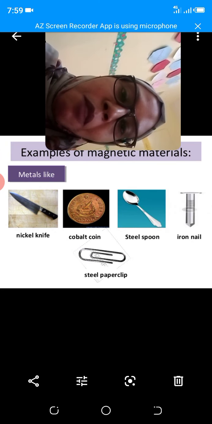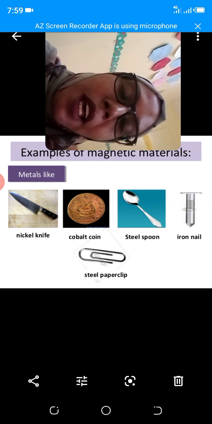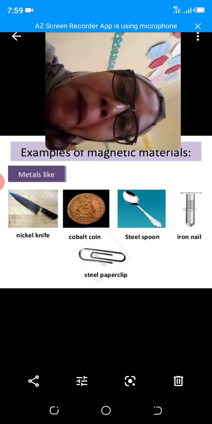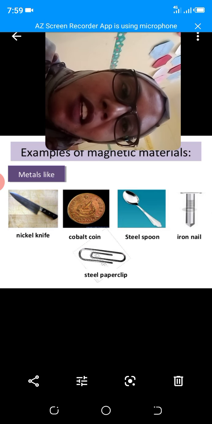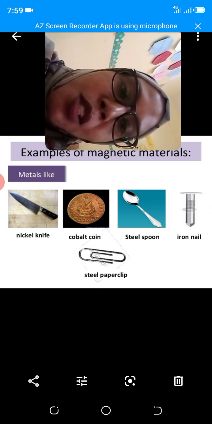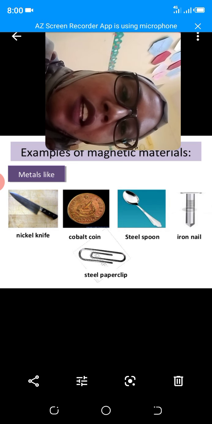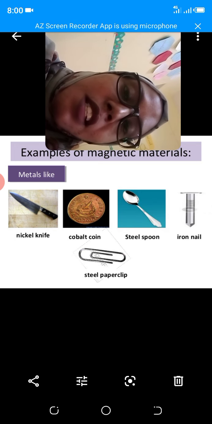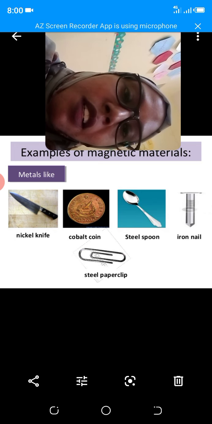Materials that can be attracted by the magnet, we call them magnetic materials. Look at this picture here. We call them magnetic material, like iron nail, steel spoon, coin, nickel, and steel paper plug.